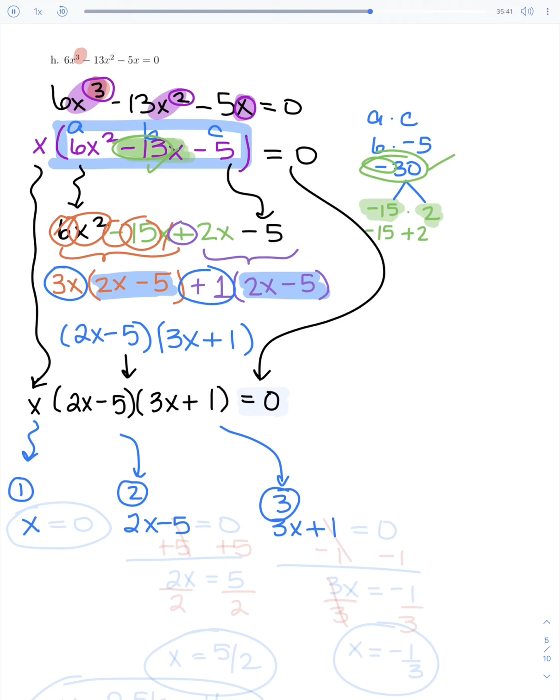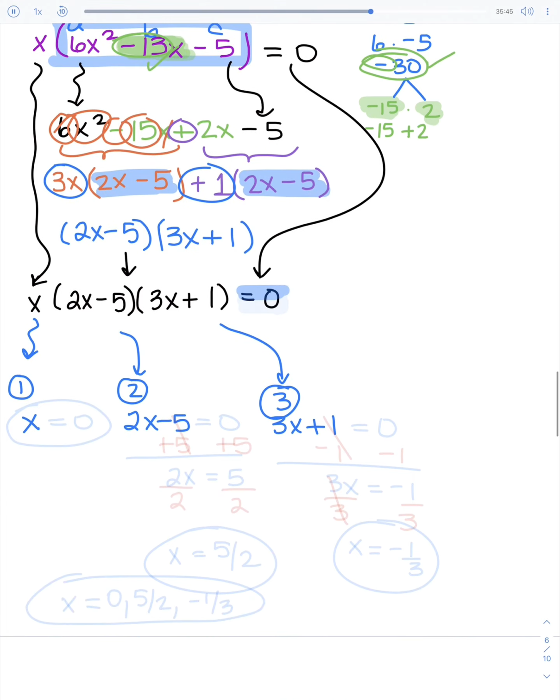Now remember that all three factors are multiplied together and set equal to 0. What that means is, when things are multiplied together to be 0, one of those things has to be equal to 0. So I can solve three smaller equations saying that one of the three things needs to be 0. What's nice is the first equation's already done. That's one answer: x equals 0.